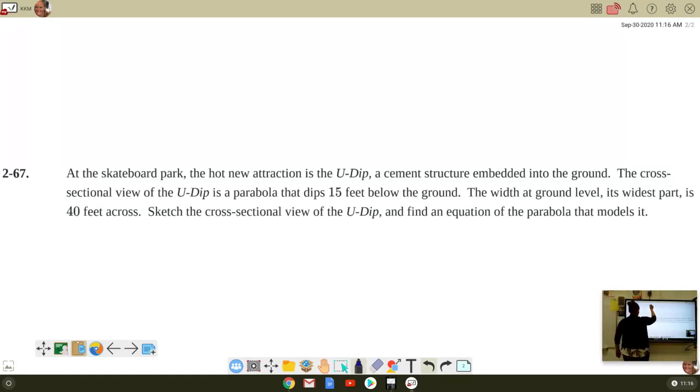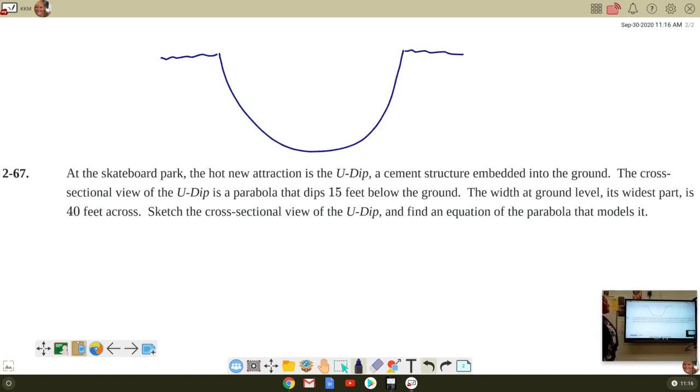So for this one, if this was ground level, the dip goes down like this, and then again there's the ground level. It says that it dips 15 feet below. Obviously, I did not draw this to scale, but that's okay. So 15 feet below the ground, and then at its widest part, up here, this is 40 feet.